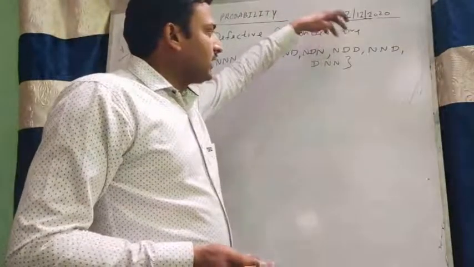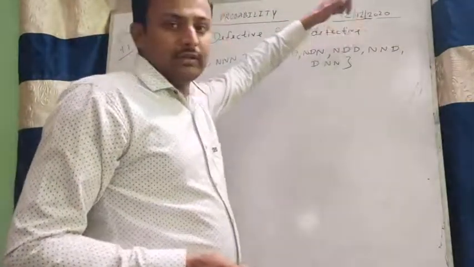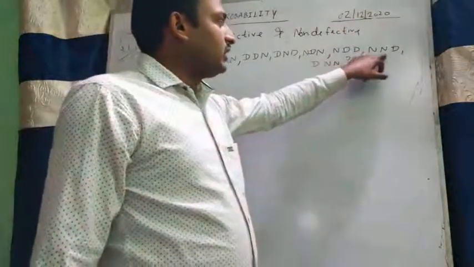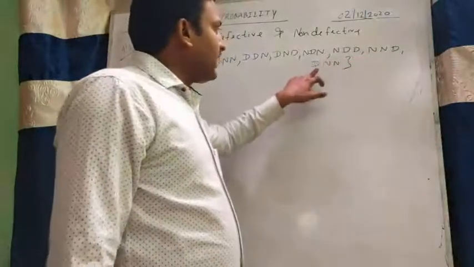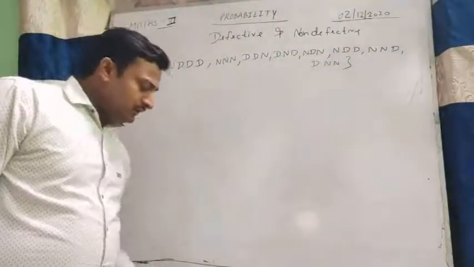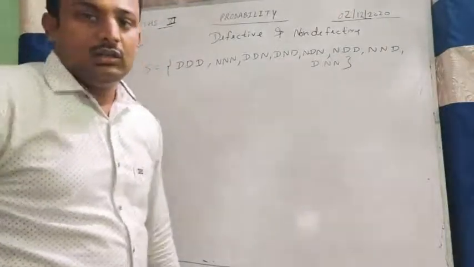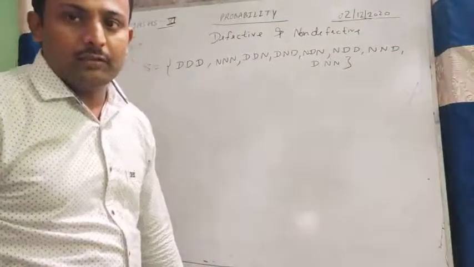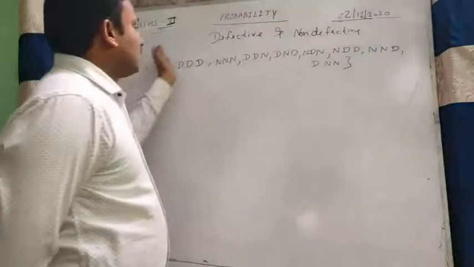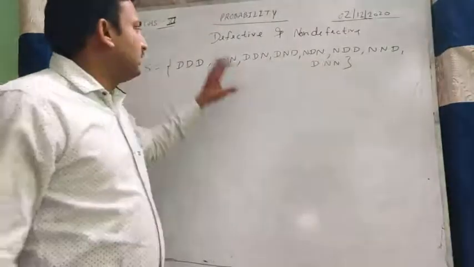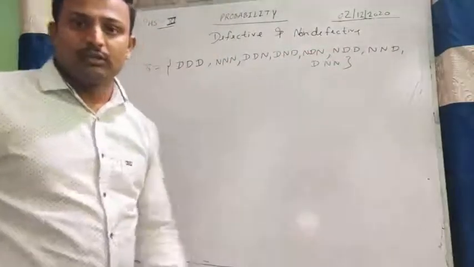And the last is defective, non-defective, non-defective. In this way we can find all the possibilities of selecting three bulbs from a lot, which may be defective or non-defective. I hope you understand.